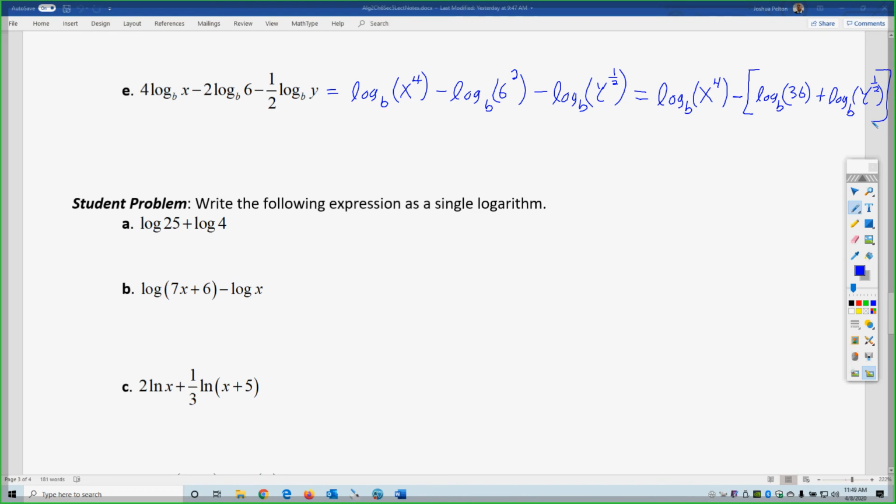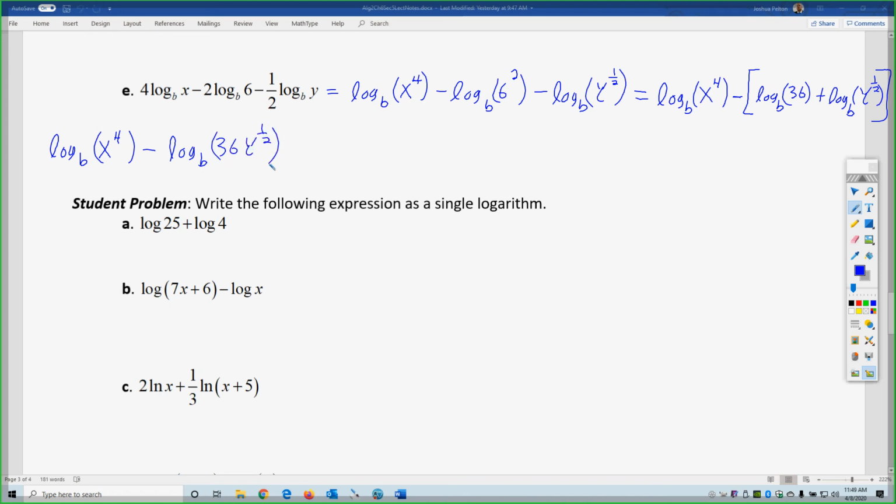The idea there is I divide out a negative, so I actually have a product rule now. So when I go to my next step, I do log base b of x to the 4th minus, now I get log base b of the product, which is 36 y to the 1/2.